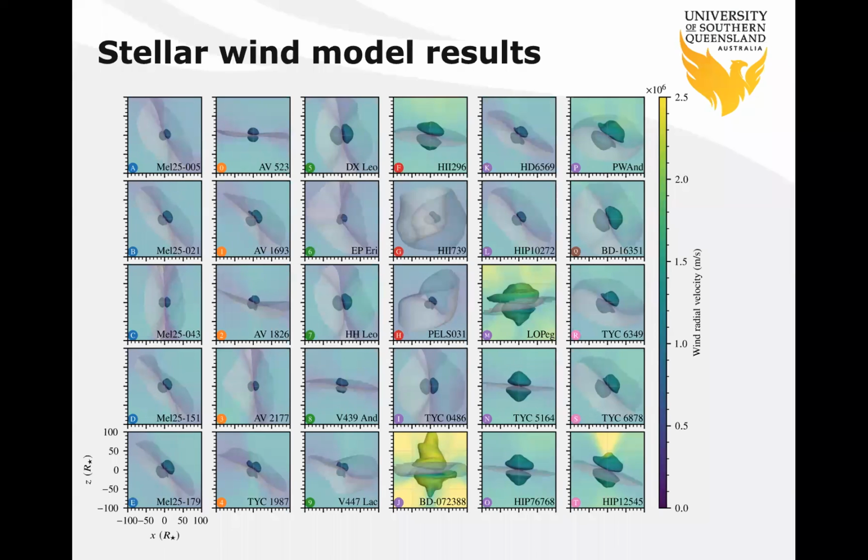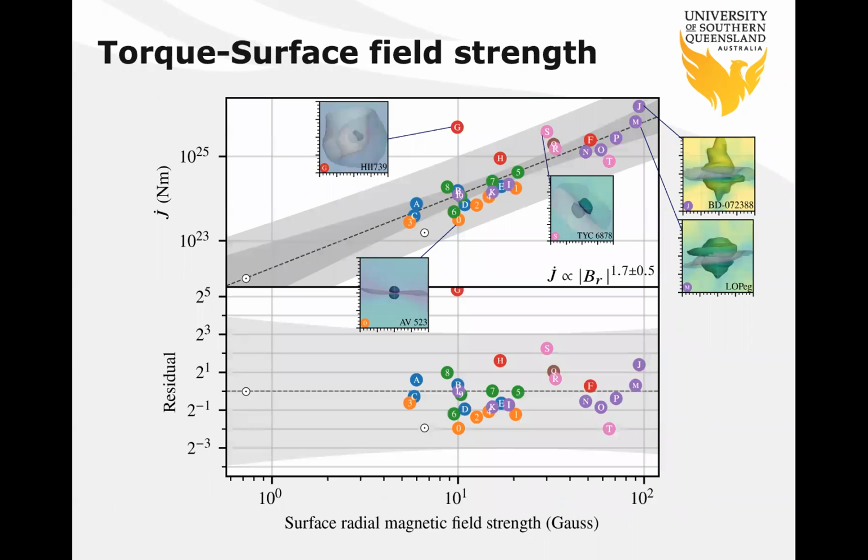Based on this portrait, we can try and find some scaling laws. The first scaling law that I've looked at is just angular momentum loss as a function of surface magnetic field strength. You can see here the scaling law with some example stars and some outliers. The oddballs are in the top right corner, but they're actually fitting well to the scaling law.